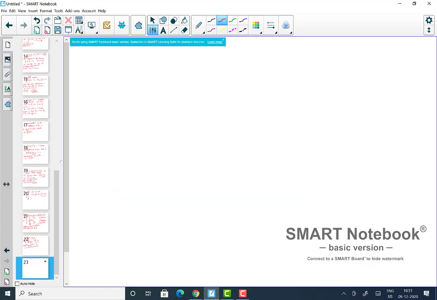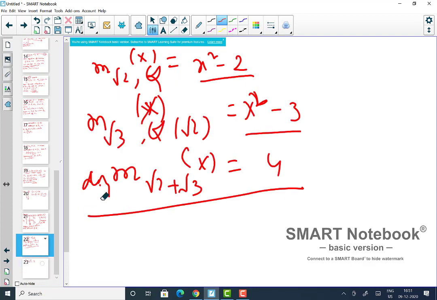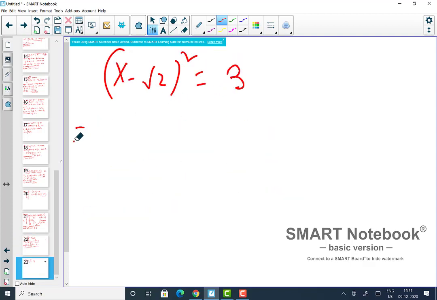And to check directly, x is a root of that polynomial, right? So what does that mean? That means (x minus root 2) whole square has to be equal to 3, right? So the polynomial will be of the form x square minus 2 root 2 x plus 2 equal to 3, right?